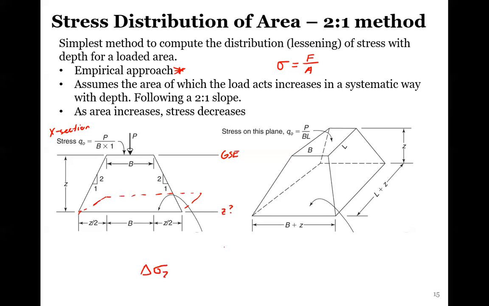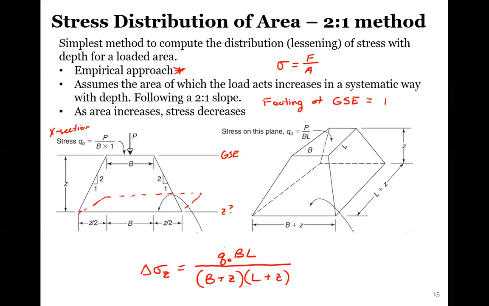We can say that the delta sigma Z, the increase in stress at any depth Z, is equal to Q times B times L divided by B plus Z times L plus Z. This is where our original footing at the ground surface elevation, GSE, has the dimensions B times L. So if it's a square, then B is equal to L, that kind of thing.